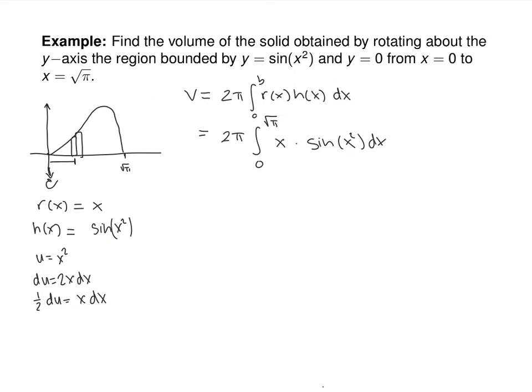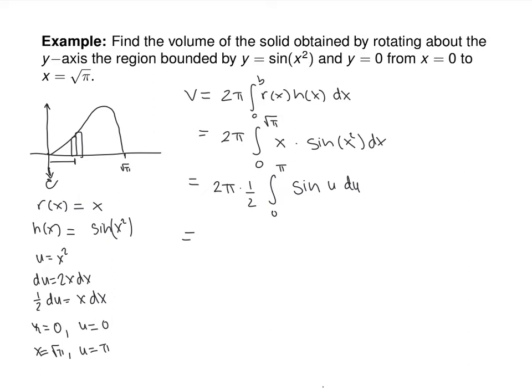And let's change our bounds because it really is easier. If x equals 0, u equals 0. And if x equals square root pi, u is just equal to pi. So that becomes 2 pi times 1/2 the integral from 0 to pi of sine of u du.